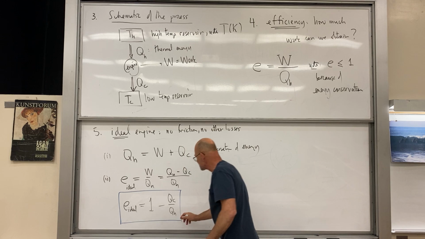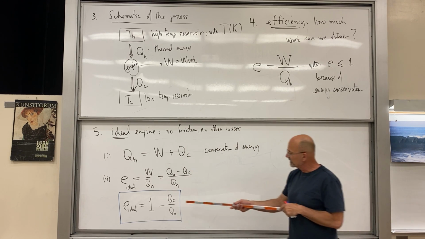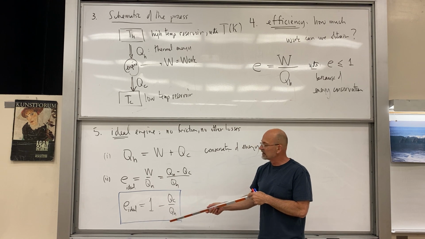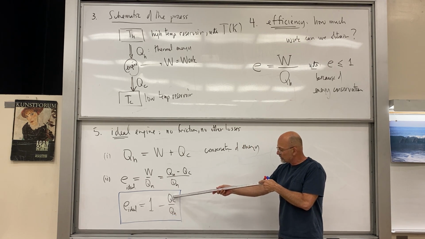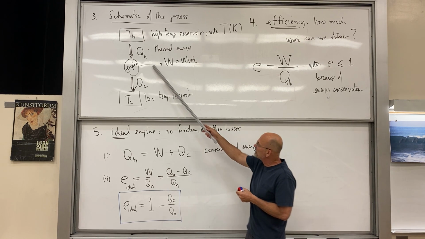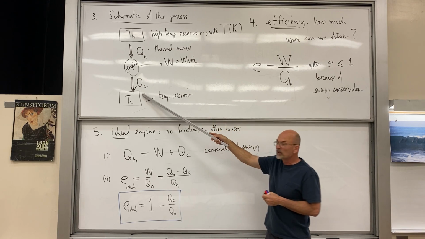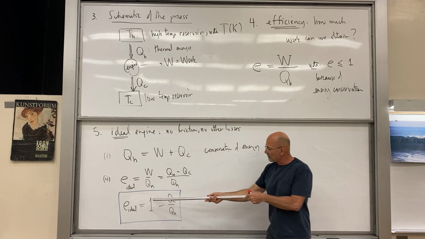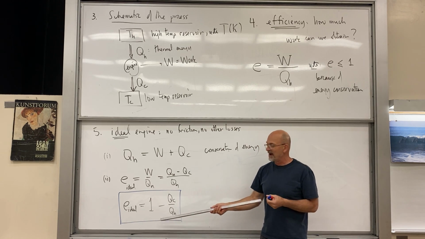So now I have an expression for the efficiency of an ideal engine, and we can see it literally is 1 minus something, and that part that we subtract off depends on the ratio of QC over QH. For example, if half of the energy turned into work and the other half turned into exhaust, then you would have 1 minus 1/2, which would be equal to 1/2.